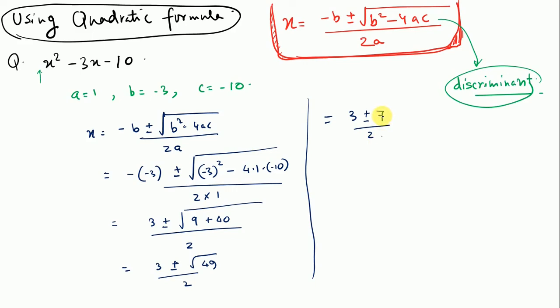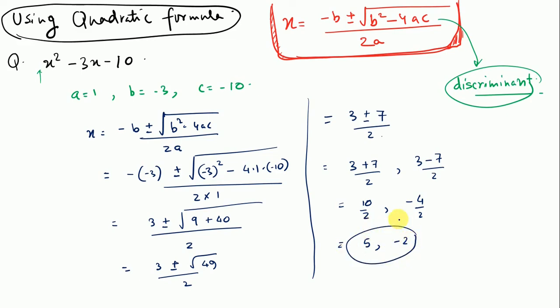Now see, there arise two conditions: one is 3 plus 7 by 2 and the second is 3 minus 7 by 2. So this will be 10 by 2 and minus 4 by 2, which equals 5 and minus 2. We got the values of x, that is 5 and minus 2. These are the same values which we got while using the middle term splitting method.